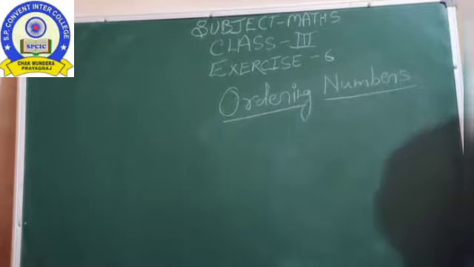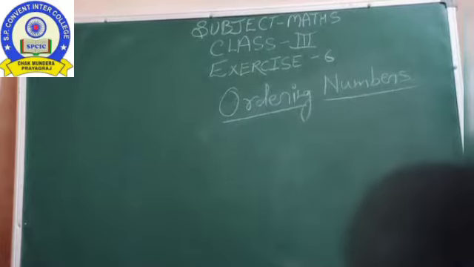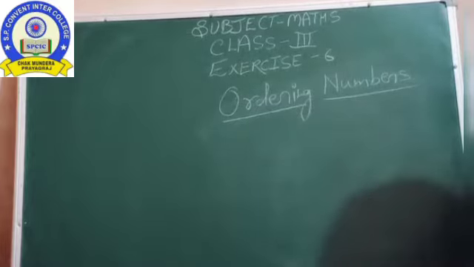What is ascending order? When we arrange numbers from the smallest to the greatest, they are said to be arranged in ascending order. And what is descending order? When we arrange numbers from greatest to the smallest, they are said to be arranged in descending order.